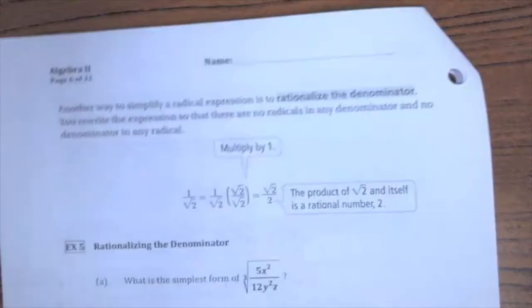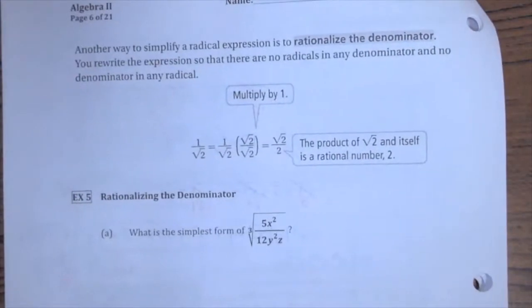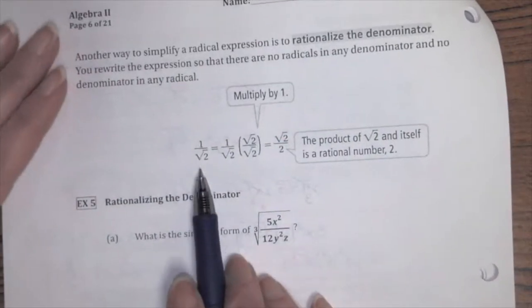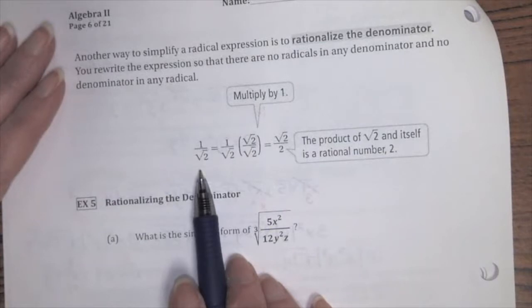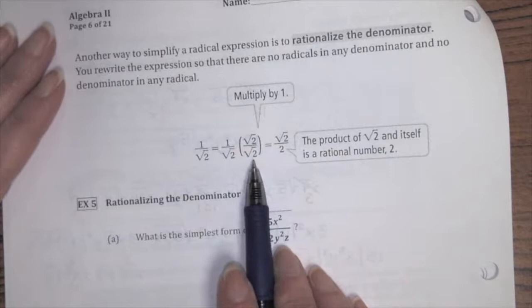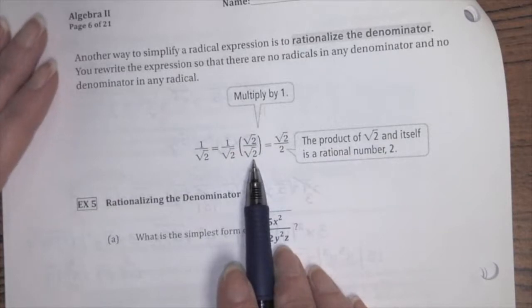Last page that we're going to cover today. This is probably the toughest thing we'll talk about today, and that is rationalizing our denominator. We did talk about this with square roots before, and recall that when we had something like 1 divided by the square root of 2, we would multiply it by the square root of 2 over the square root of 2, because rationalizing the denominator means no square roots in the denominator, right?